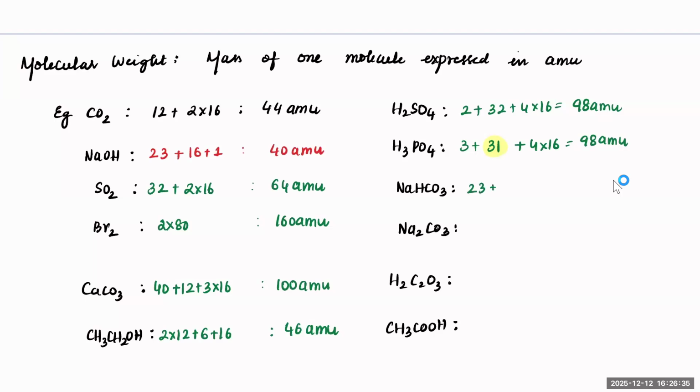NaHCO3: sodium is 23 plus 1, 24 plus 12, which is 36 plus 48. So how much is it? 84. Next, Na2CO3, 23 into 2 plus 12 plus 48, which comes to be 106 AMU.